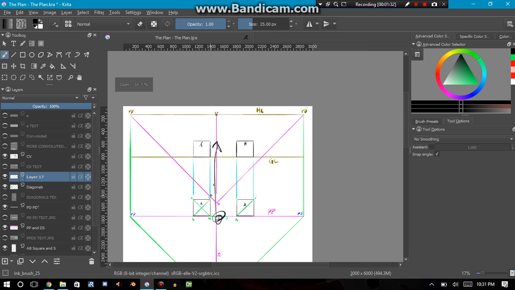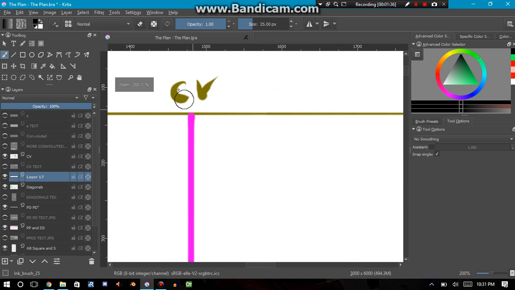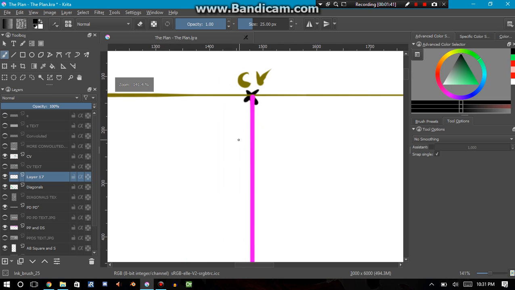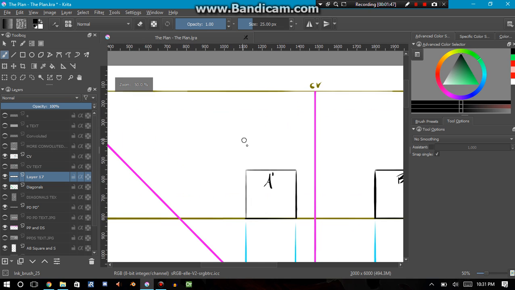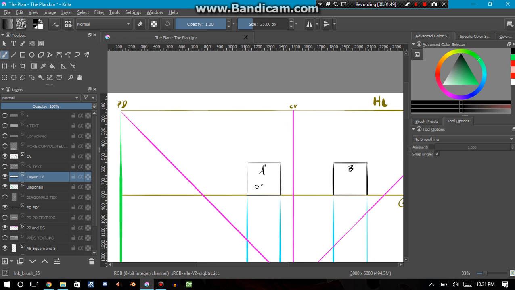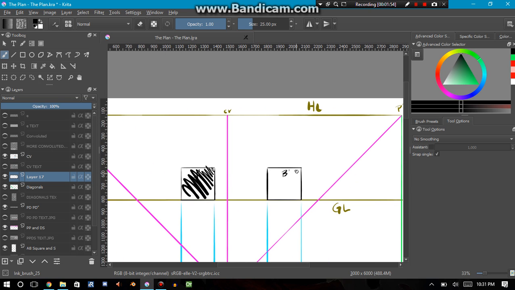Where our center of vision happens to collide into our horizon line, we label it CV for center of vision, and our center of vision will always be our 1-point perspective vanishing point. And earlier I said that in 1-point perspective, the planes for our cubes will be parallel to our picture plane.